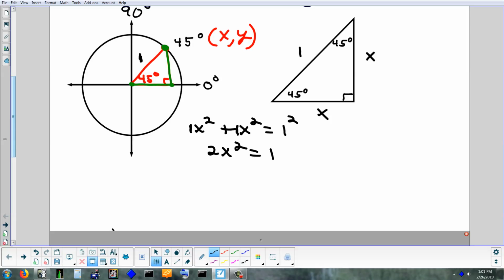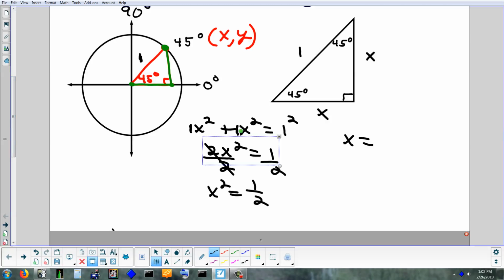I got to get rid of the number in front of the x and the exponent. So yep, divide by 2. And now I almost have x squared. But I don't want to know x squared. I want x. So what's my last step? Square root. Yep, take the square root.